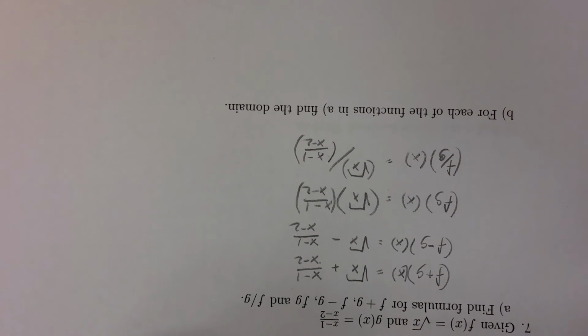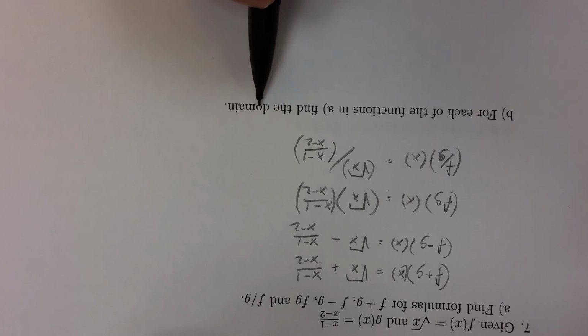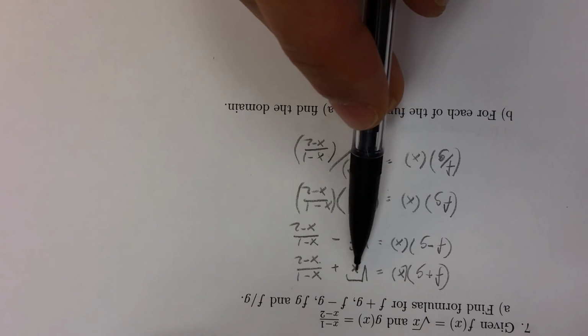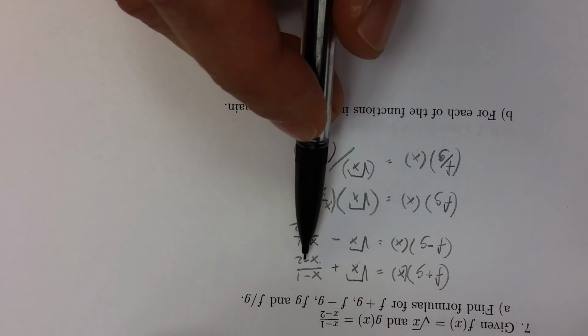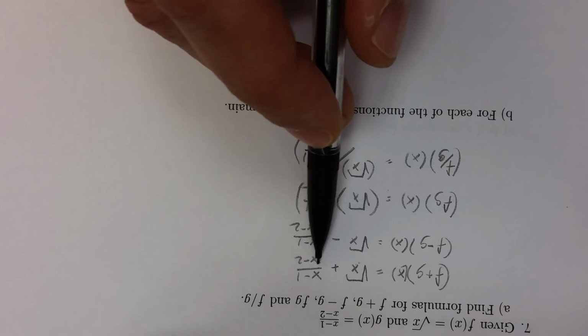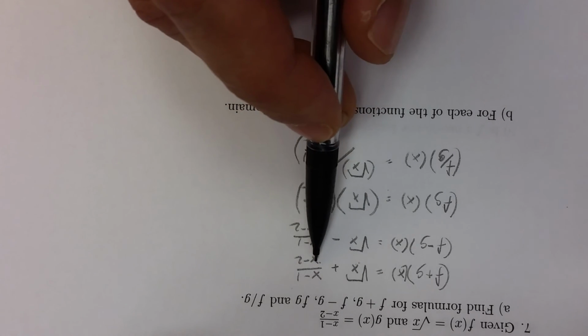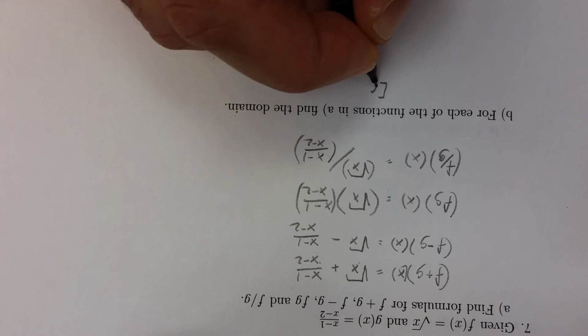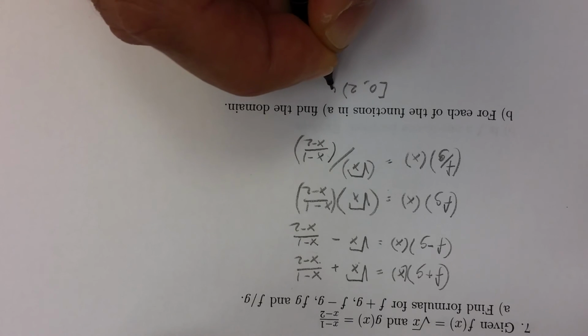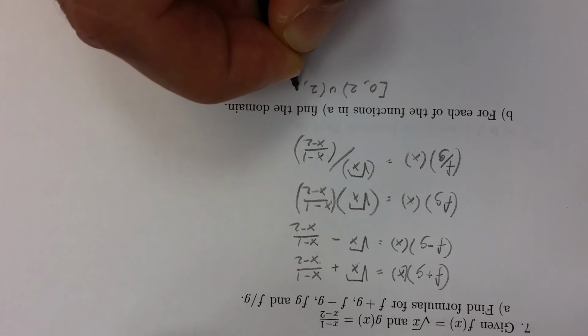Now we're going to find the domain of each of these functions. Well, in part A, the thing underneath the square root has to be non-negative, so x has to be greater than or equal to 0. And the thing in the denominator can't be 0, so x can't be 2. So it's everything from 0 to 2 and everything past 2.